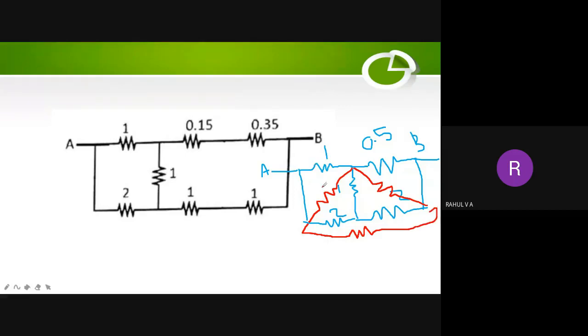So these two are in parallel, these two are in parallel. Okay, you can try that also. Both the methods are possible. Delta to star also you can convert. Star to delta also you can convert.